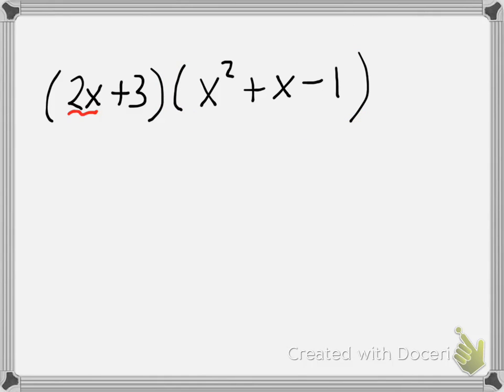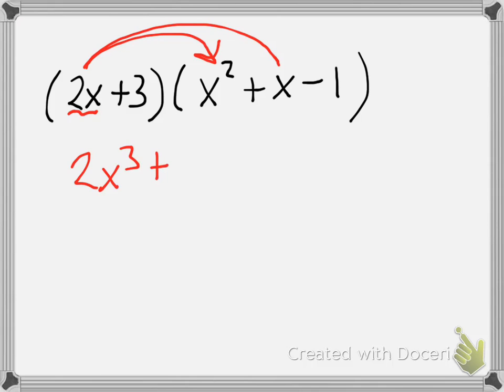So 2x times x squared is 2x cubed. 2x times x is 2x squared. And 2x times negative 1 is negative 2x.